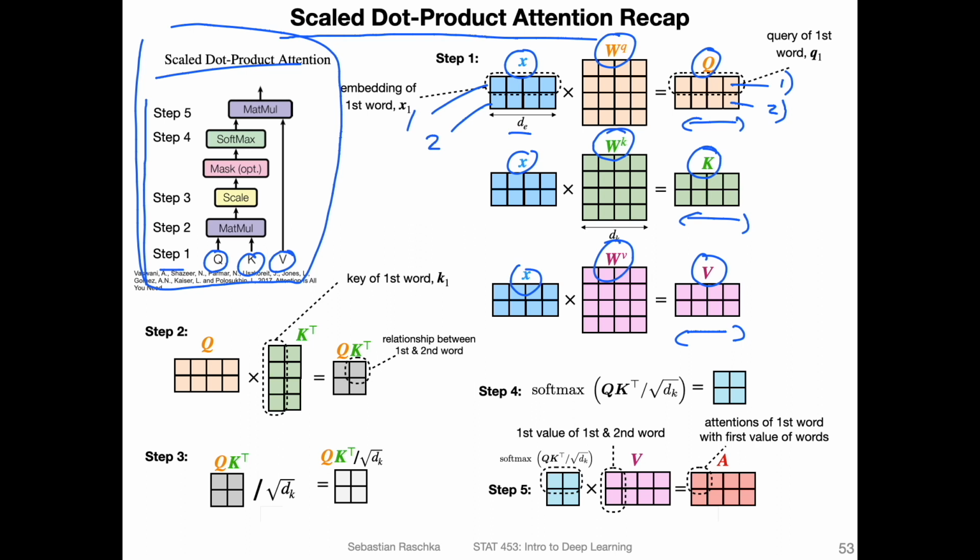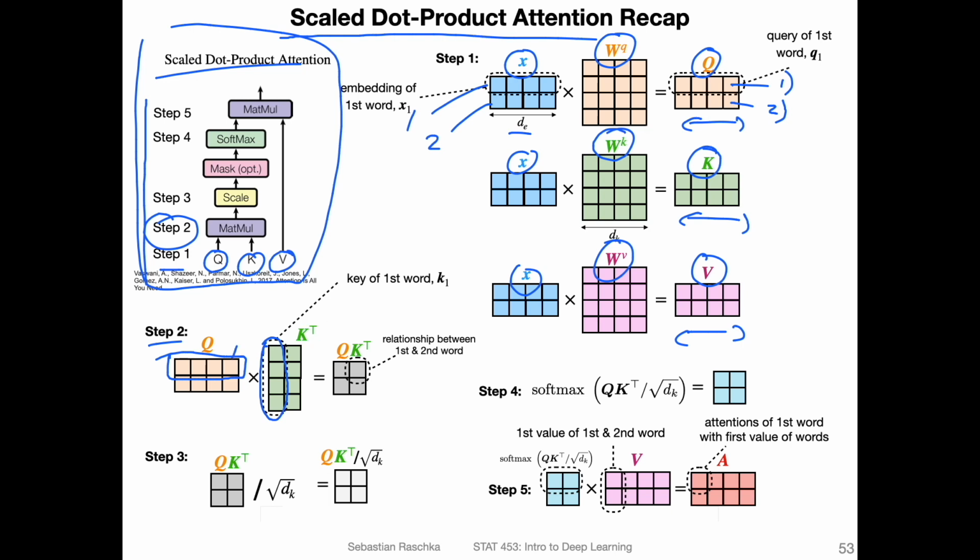All right, so we have now the queries, the keys and the values, and then in step 2 we do the matrix multiplication between the queries and the keys. So that is down here. So if we consider the first word, we compute the dot product with the first word here, because the first column here is also the first word because we have the transpose.